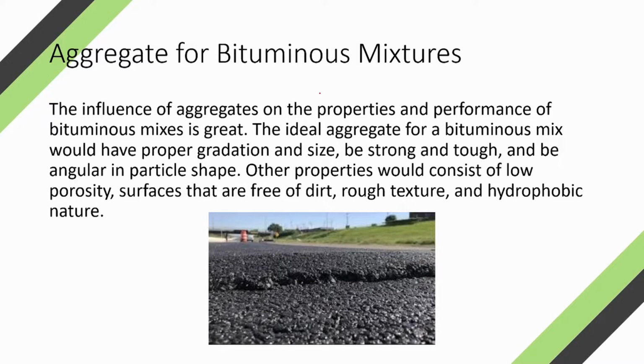For bituminous mix, the dividing line between fine and coarse aggregates is 3/8 inch na sieve or yung 9.5 mm sieve natin. Hindi yung number 4 sieve natin. Iba yung sa ating bituminous mix.